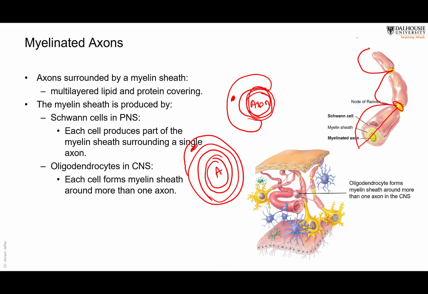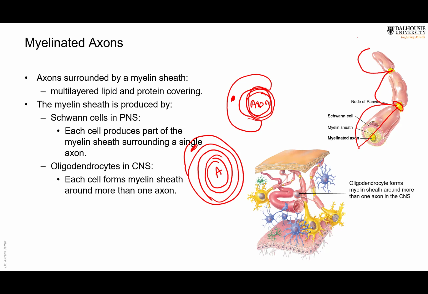These oligodendrocytes, with their processes, will send one process around one axon, another process around the other axon, and another process around another axon. In other words, one oligodendrocyte participates in the formation of the myelin sheath of more than one axon. One cell participates in myelinating more than one axon.